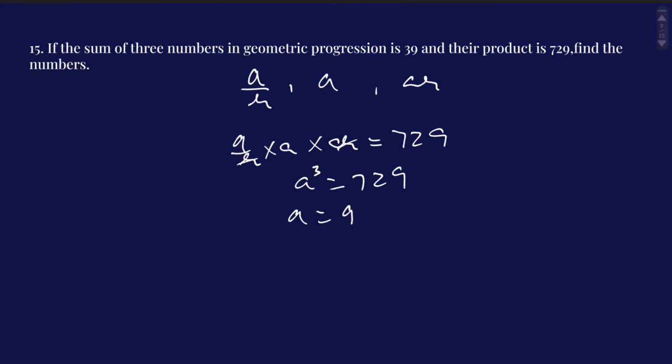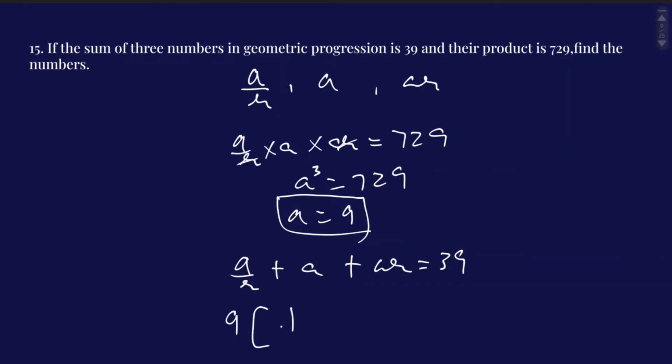Okay, and what we are given is the sum of the three numbers in a geometric progression is 39. So a by r plus a plus ar is equal to 39. So we can take a common, and a is 9. So 9 into 1 by r plus 1 plus r is equal to 39.